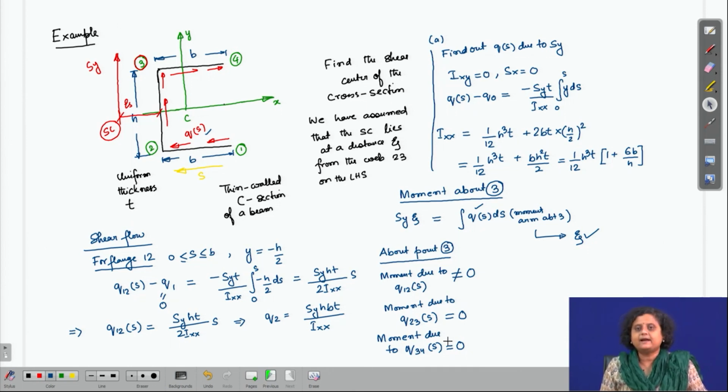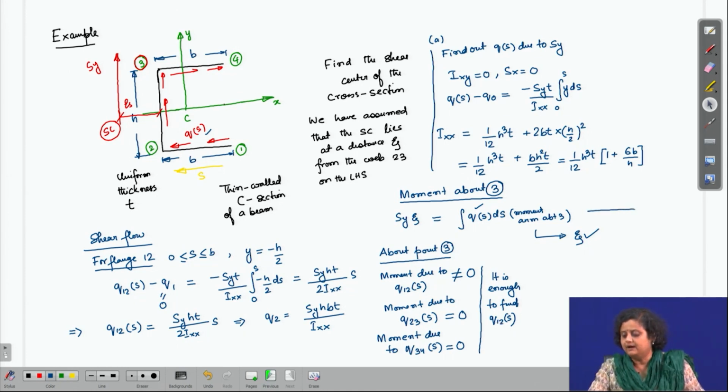Therefore, it is enough for this particular case to find Q12S. I do not need to find any other shear flow, that is Q23S and Q34S, to evaluate this equation, which we name as equation 1.